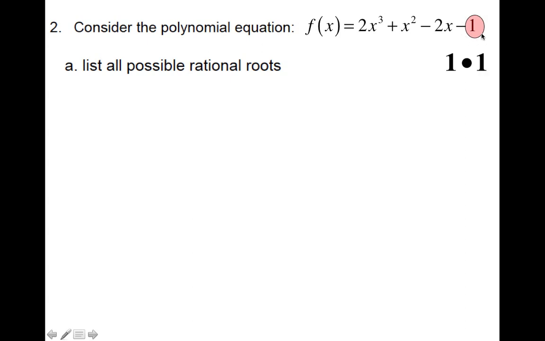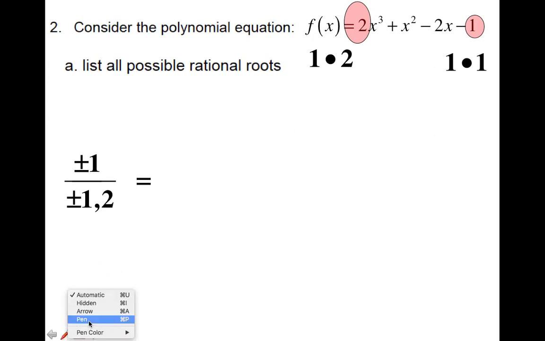Well, just 1 times 1. And then you go to the leading coefficient. What multiplies to 2? That would be 1 times 2. So to list all possible roots, you do these factors divided by these factors. So it's plus or minus 1 on the top over plus or minus 1 and 2 on the bottom.